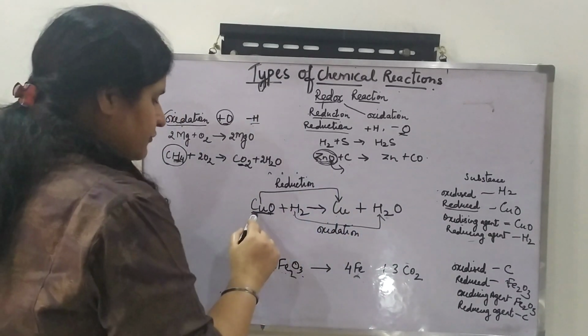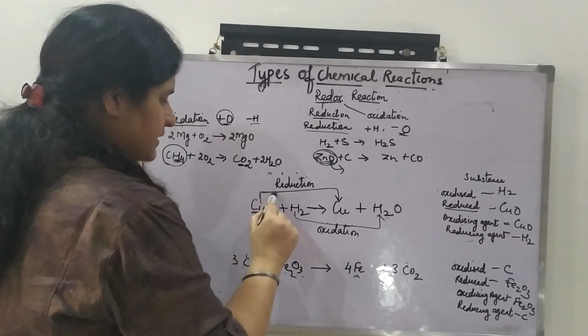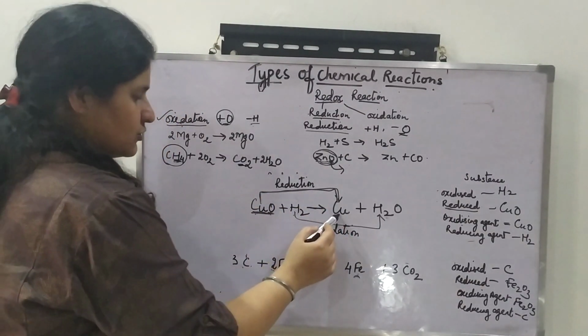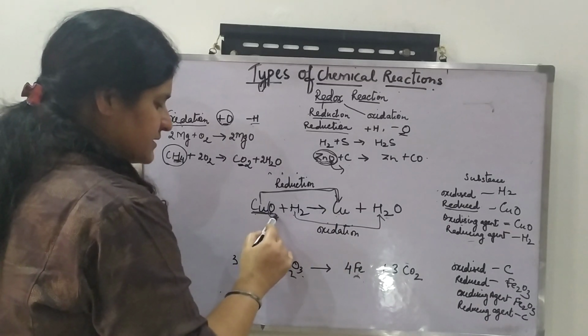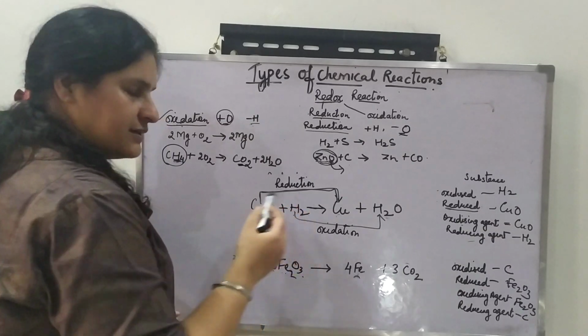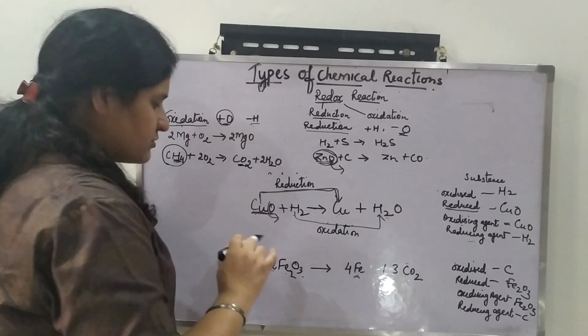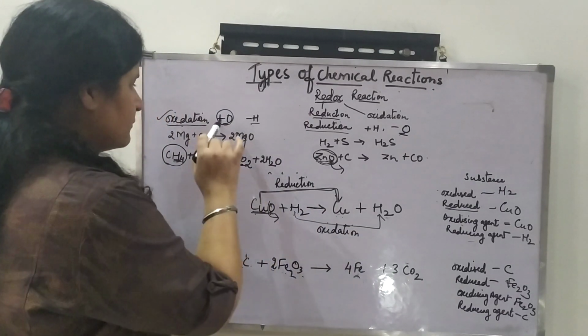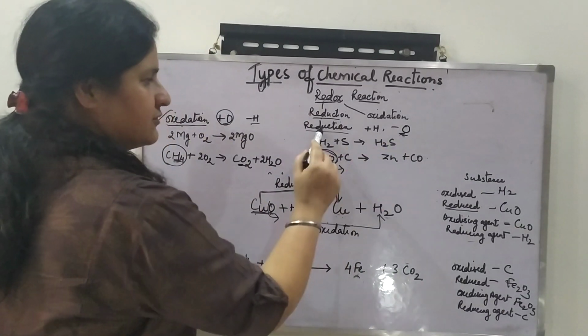Copper oxide is changing to copper, which means the oxygen is being removed from there. The oxygen atom is moving out and copper oxide is changing to copper. So removal of oxygen is reduction.